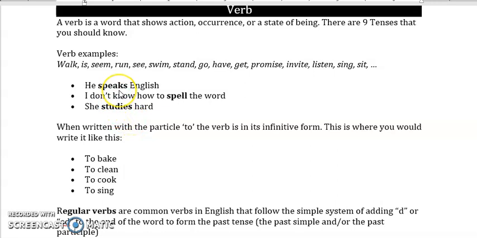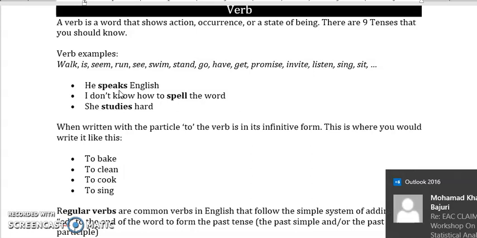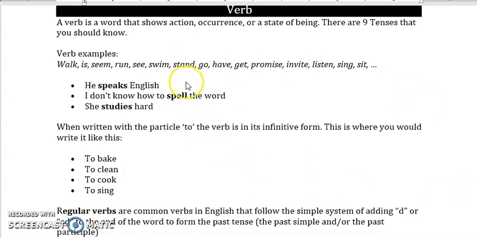If the word is changed into another form, for example, he spoke English, I spelled the word, and she studied hard, with the addition of ed, ied, or the change of form of the word speak to spoke, the sentences are in past tense.